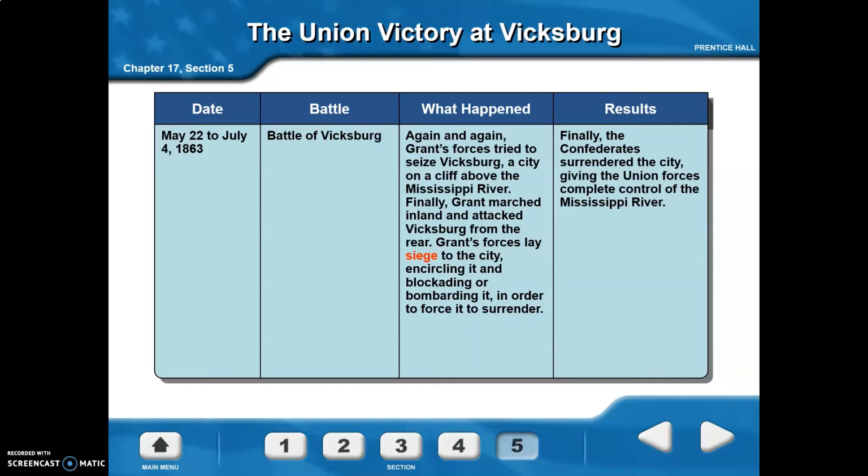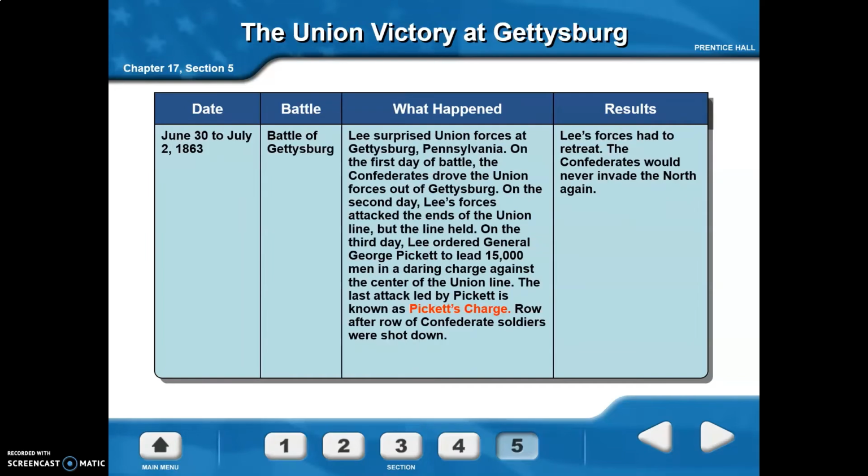And it split the Confederacy down the middle. Arkansas, Louisiana, Texas didn't have any access to the Confederacy anymore because of the Union controlling the Mississippi River. And this helped boost hope in the North, in the Union, that, hey, we might win this.